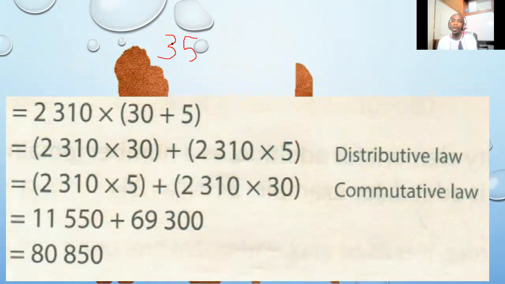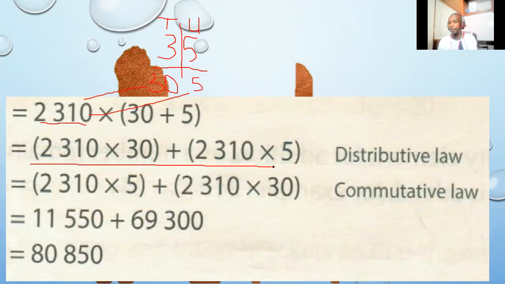We have broken it into its respective parts in terms of place value. This one is units and this one is tens. So this one is 30. 3 tens is 30 plus 5 units. Now we are saying 2,310 times 30. Then the same 2,310 times 5, which is what is done here.